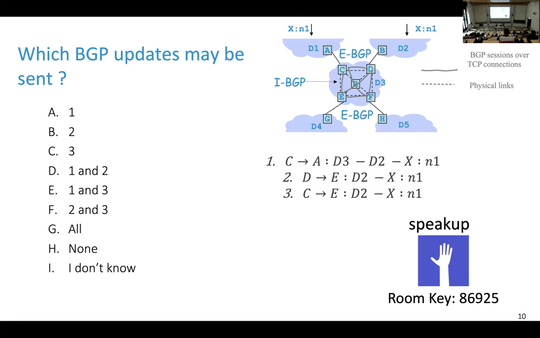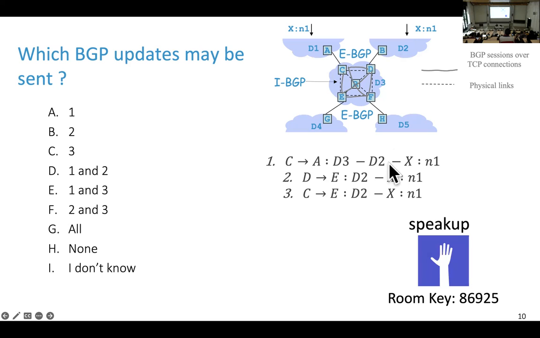So let me explain it on this figure here. What's 1? In 1, C is informing another router in another domain of a route that this area has learned externally, possibly from D. So D has learned that there is a route to N1.